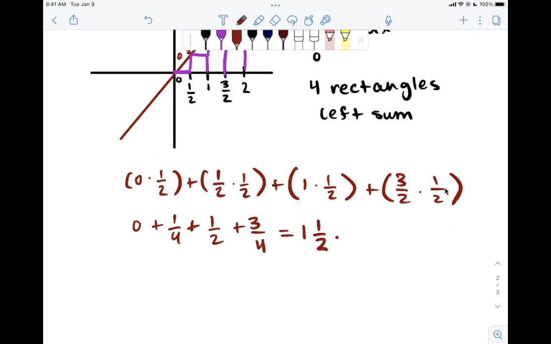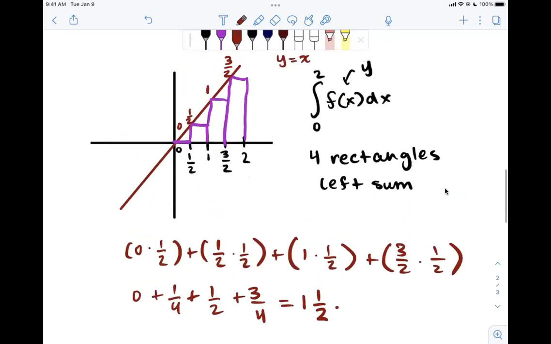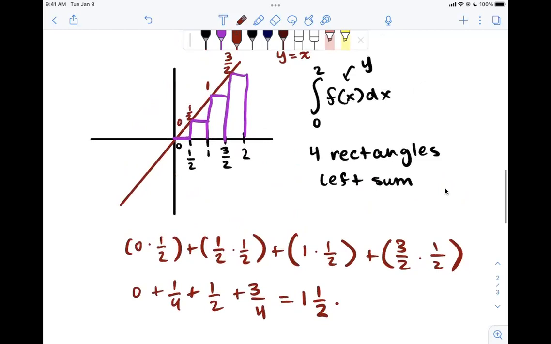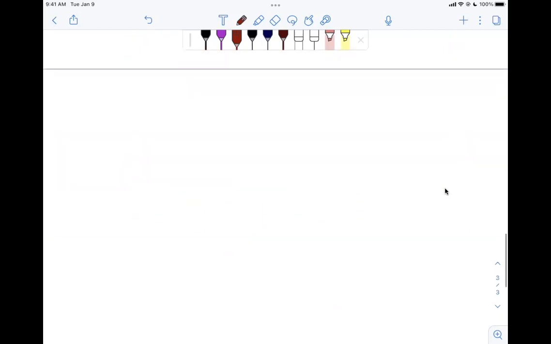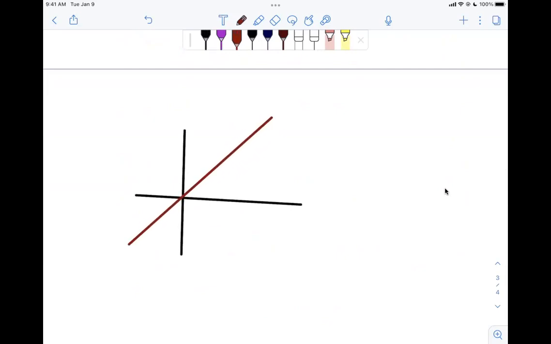Now we could also do the same thing using a right sum. So in that case, we'll have the same graph. Let this be 2. And so we're finding the area of this.